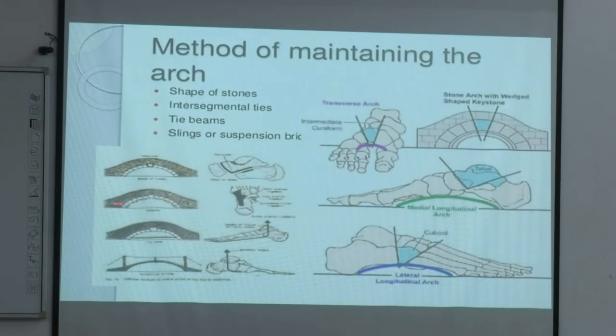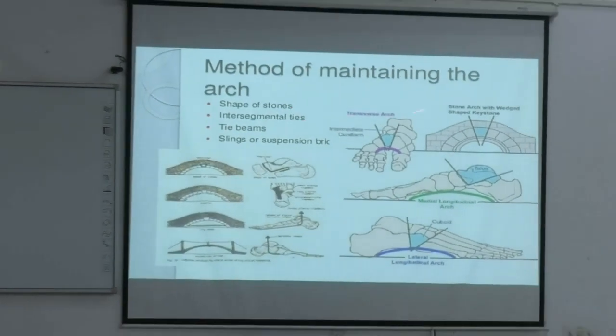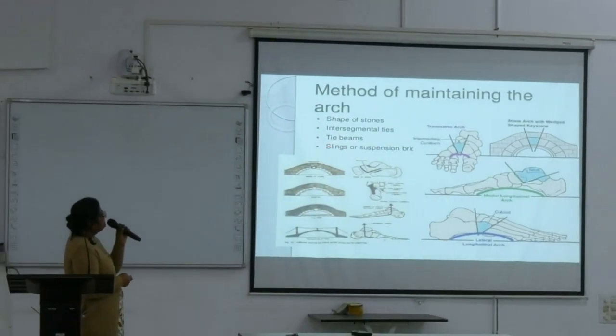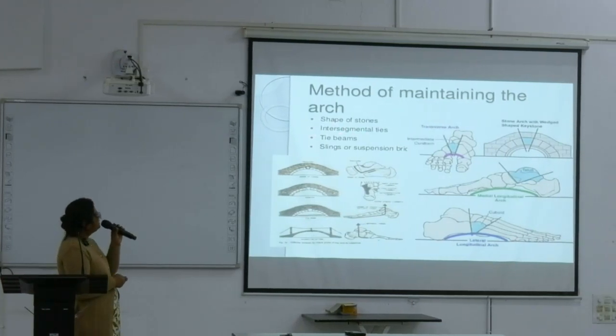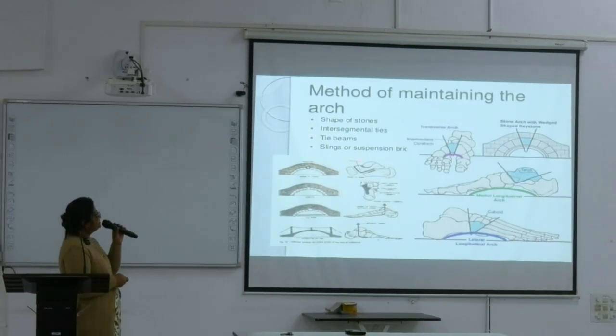Now, intersegmental ties or staples: the long plantar ligament and short plantar ligament are forming intersegmental ties. Then tie beams, the tendons of the muscles, are forming the tie beams, and slings or suspension beams are also formed by different tendons of the muscles.